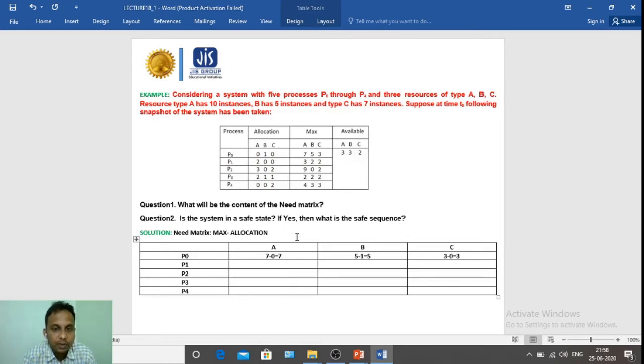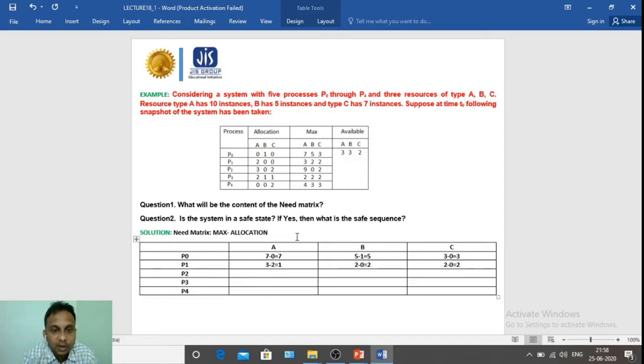In case of P1 it will be 3 minus 2, that is 1. And for B it will be 2 minus 0, and for C it will be again 2 minus 0, which is 2.